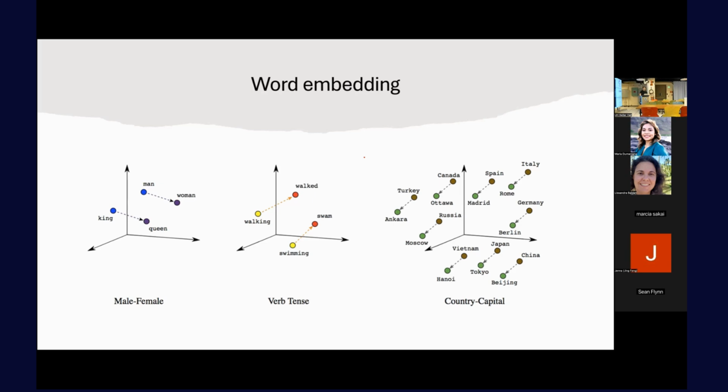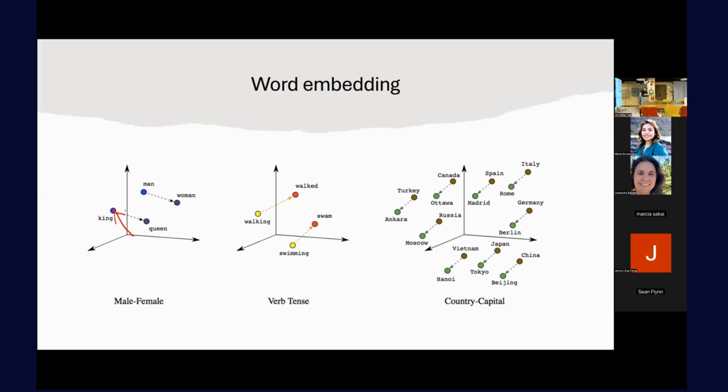So I first read the paper, and they say this vector right here, this arrow in 3D space, is king. This vector actually captures the meaning of king.